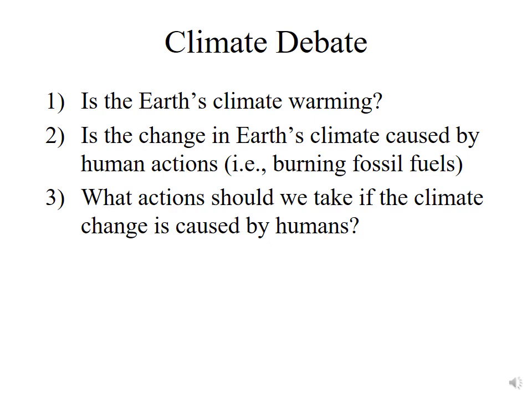And then the third question is actually a political one: what actions, if any, should we take if the climate change is caused by humans? There are arguments that would say that climate change will be good for some regions and poor for others. It could have devastating consequences in some areas, and it might benefit other areas.